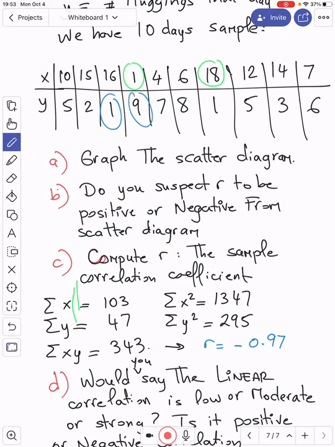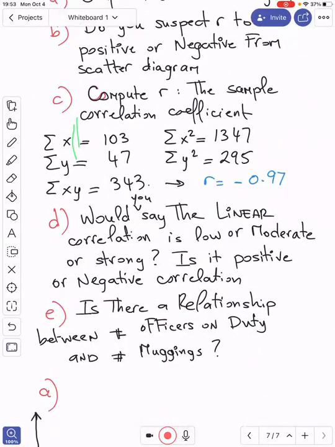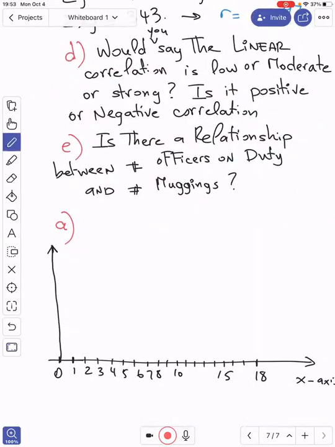So the values of y are between 1 and 9. So here on the y-axis, we're going to put 1, 2, 3, 4, 5, 6, 7, 8, and then the largest value of y, which is 9, right?